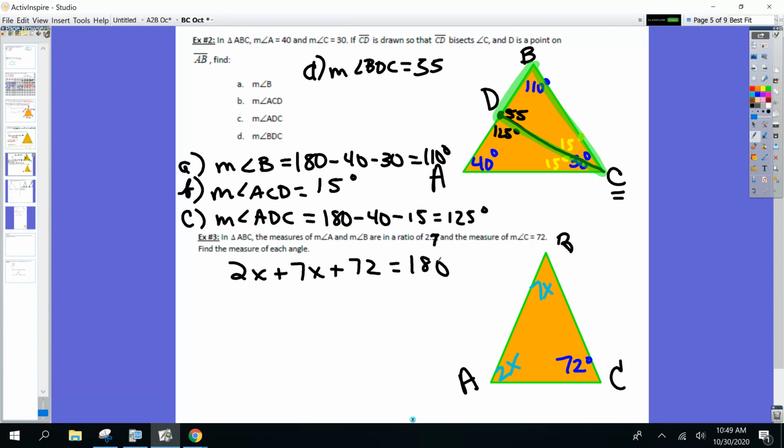Solve it for x. When you're ready, let me know what you got for x.